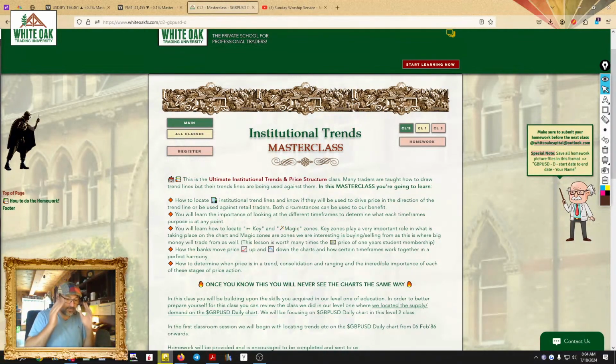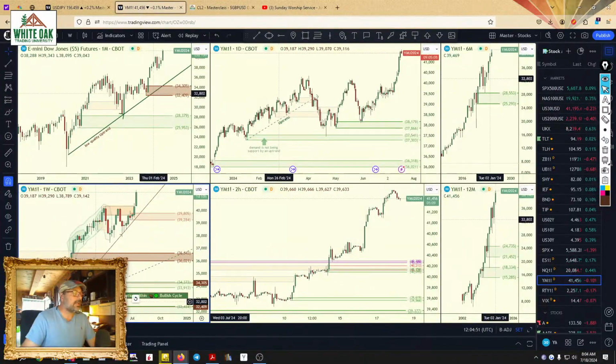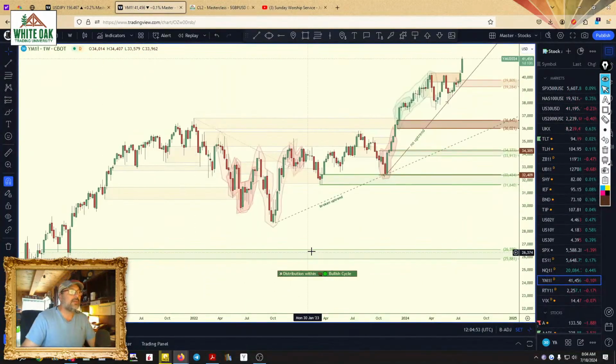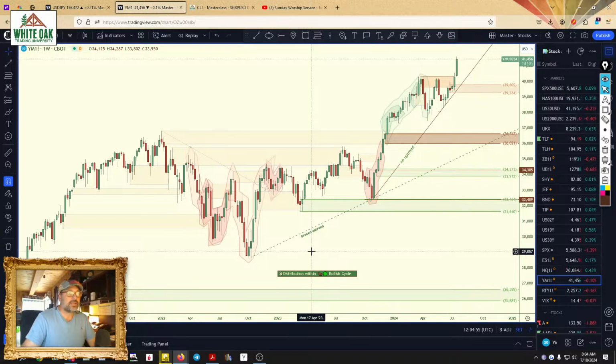Key zones are areas of buying and selling that the institutions create on the chart that are very, very important, okay? When we look at a chart, when we're looking at price action, there's many zones that can be created on a chart, okay? For instance, let's bring up the Dow Jones right now, okay?